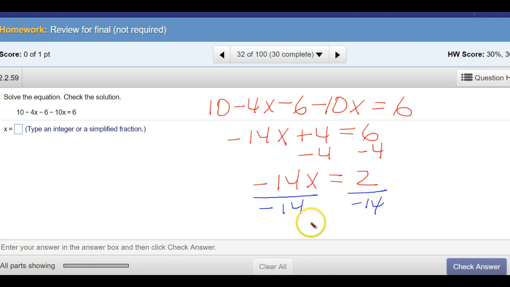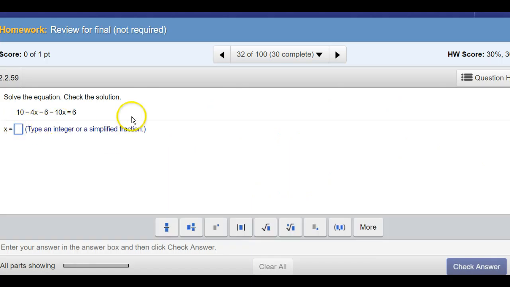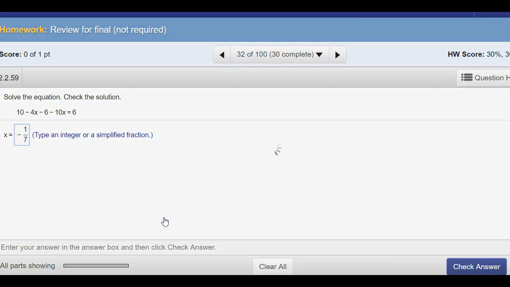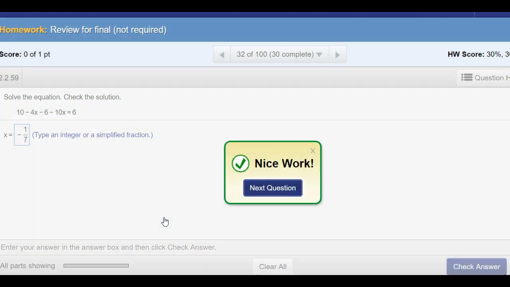So this makes this a positive x. This makes this a negative 1/7. So x will be a negative 1/7. Now remember, you can always go back and look at this again to check it out.